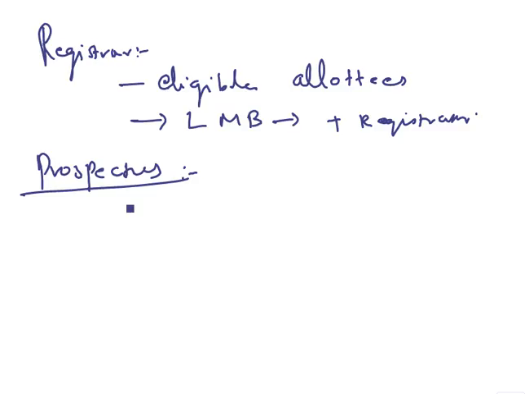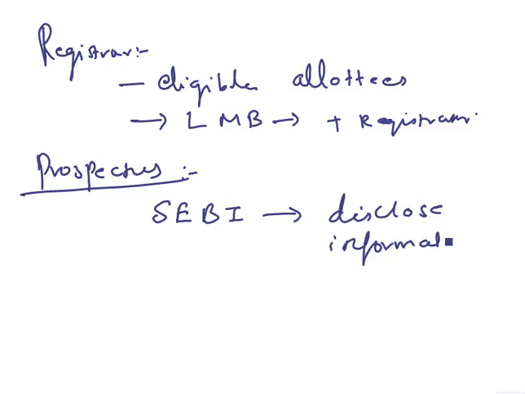SEBI has also given guidelines. To make this research easy, SEBI has given guidelines to the companies issuing shares to disclose some information to the public. So investors can refer to this information to make an educated participation.